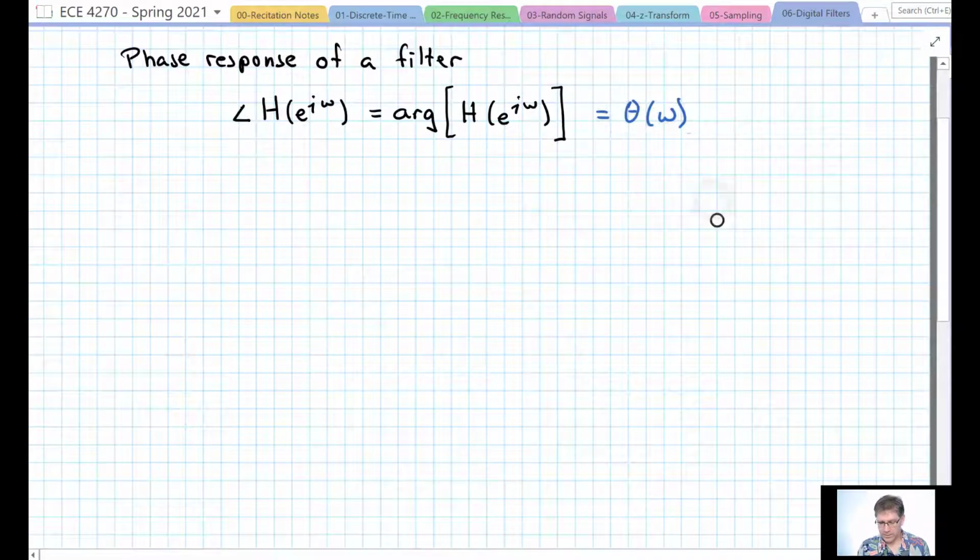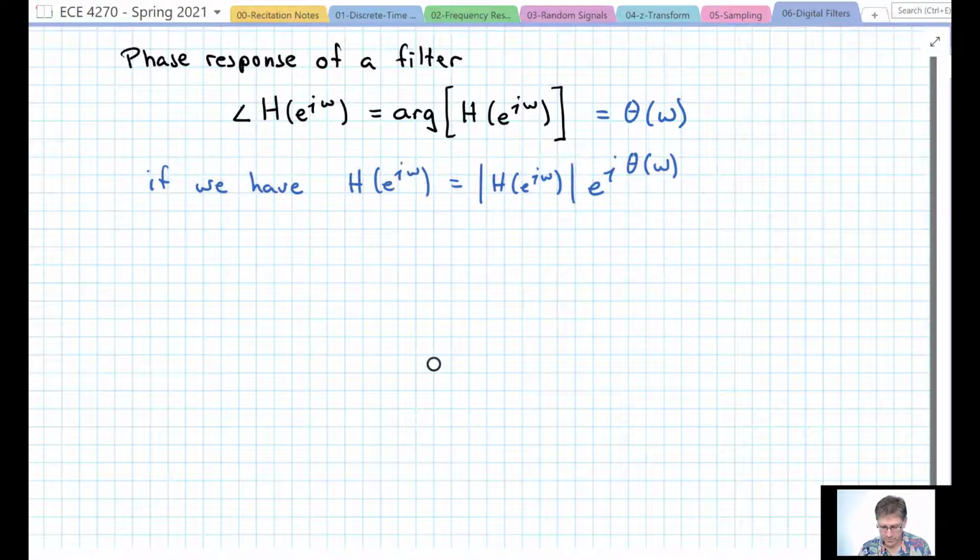We often find this phase function would be a potentially nonlinear function of omega, and we might give that as theta of omega. So for example, if we have H(e^jω) equal to the magnitude of H(e^jω) times this phase term, that phase term there is what we're talking about.